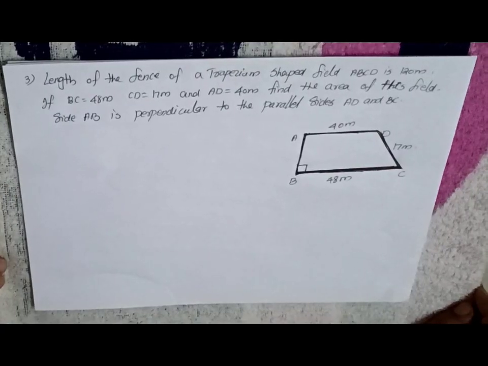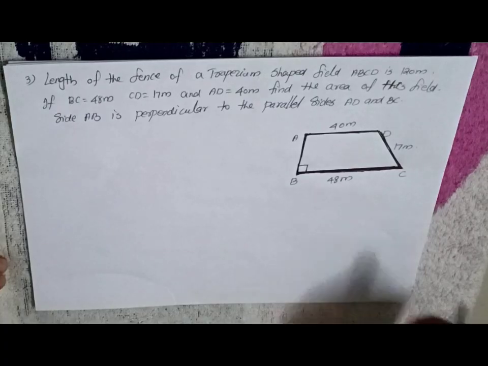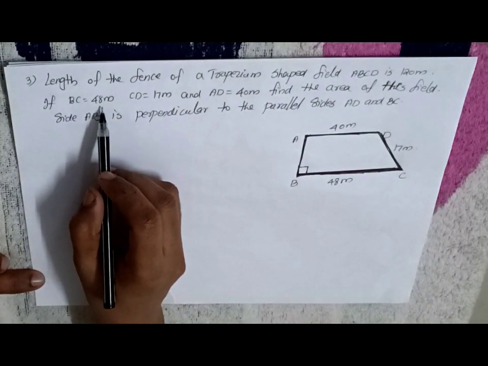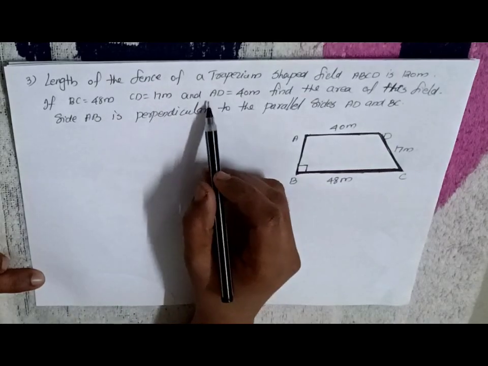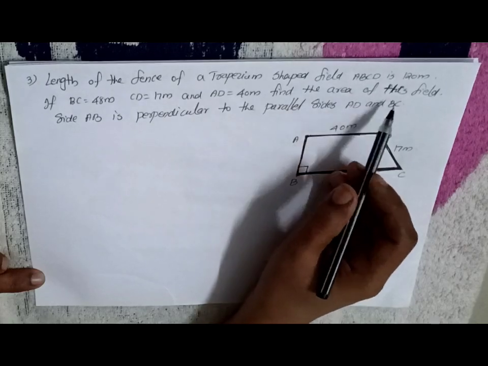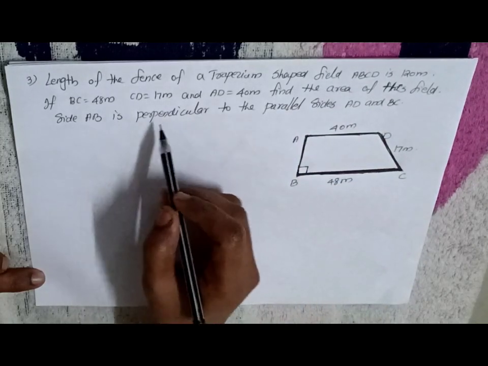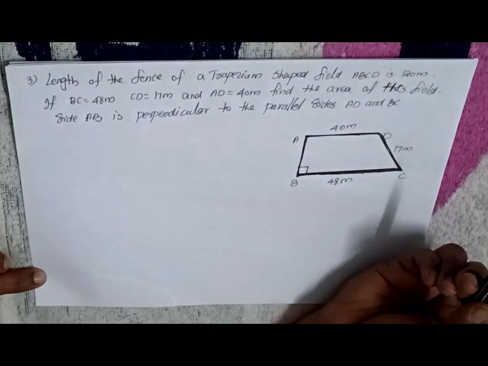Third question, the length of the fence of a trapezium shaped field ABCD is 120 meter. If BC equal to 48 meter, CD equal to 17 meter and AD equal to 40 meter, find the area of this field, and side AB is perpendicular to the parallel sides AD and BC.